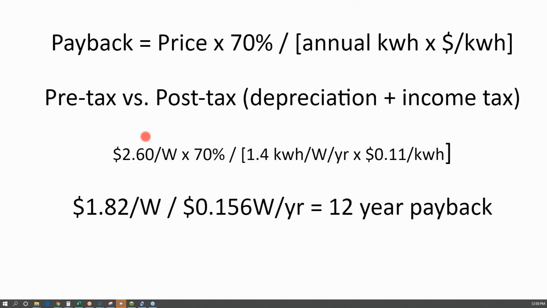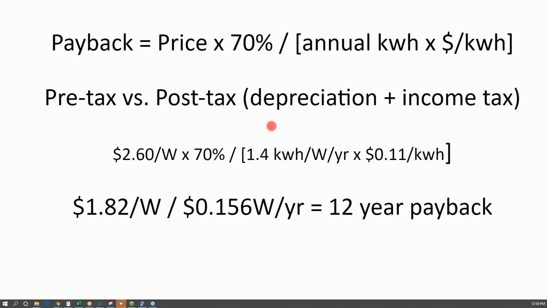If a solar array costs $2.60 a watt and I'm getting 11 cents a kilowatt hour out of it, and I claim the 30% tax credit, which is a little bit less now, and my solar array is producing 1.4 kilowatt hours per watt per year, with a $2.60 a watt array, which is about as cheap as it gets for residential solar under competitive pricing using mid-tier quality, after the tax credit, that's $1.80 a watt.